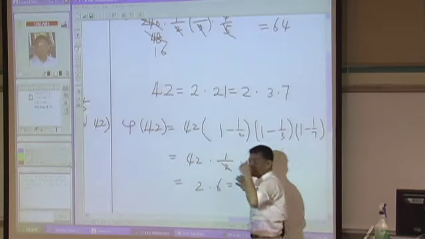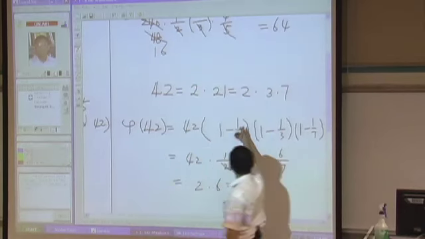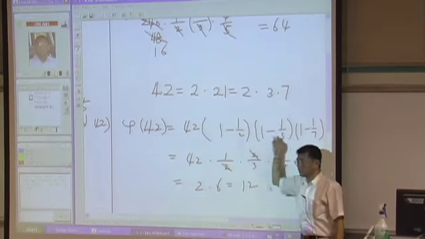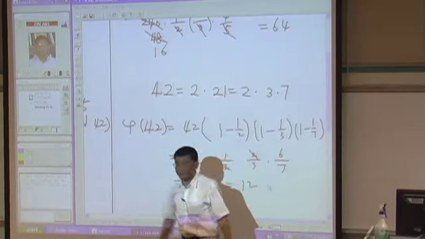So do you see? When you have a factorization, then we just take 1 minus 1 over those prime factors, right? Those multiplied together give us phi of 42.